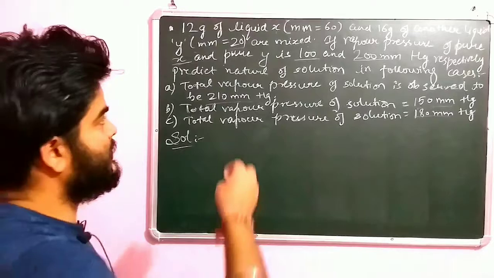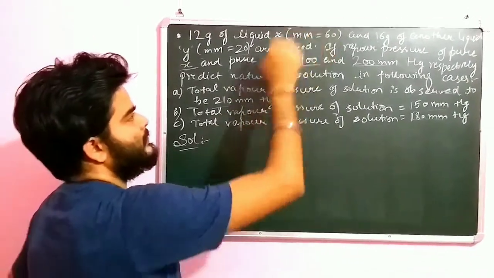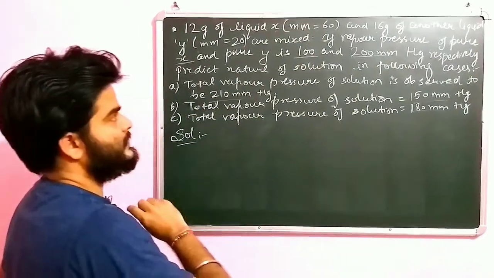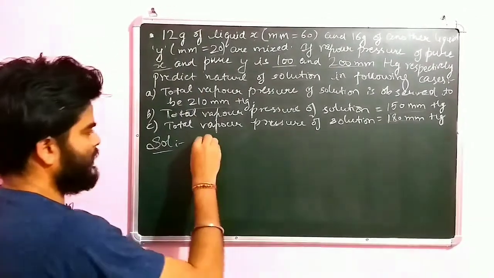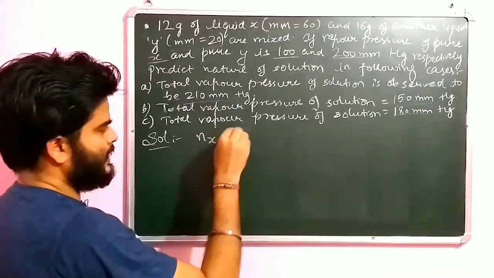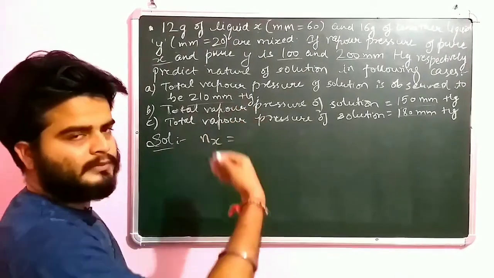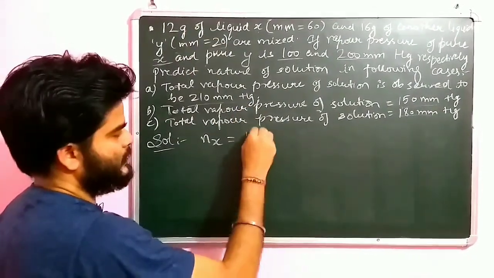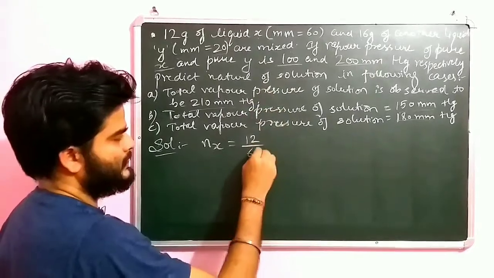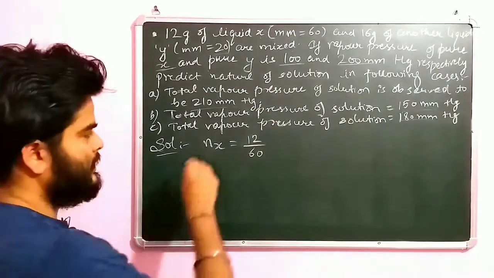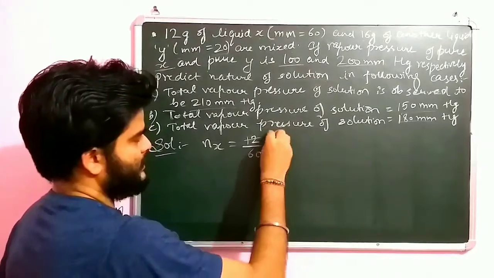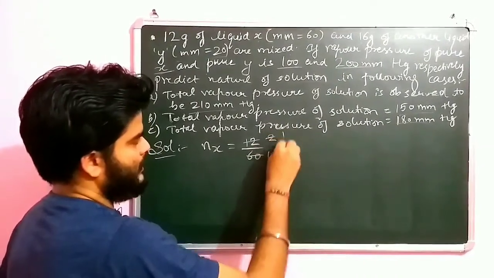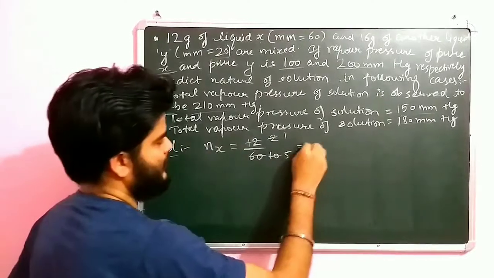See students, in this molecular mass of X is given 60 and this is its given mass. So we have to find out the number of moles of X by given mass upon molar mass. Given mass is 12, molar mass is 60. So we can divide this with 6 and this is 1 by 5.